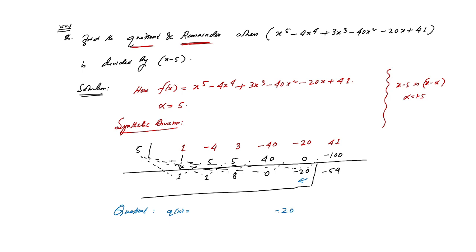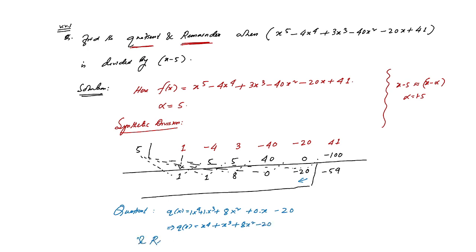So you write minus 20 plus 0 into x plus 8 into x square plus 1 into x cube plus 1 into x to the power 4. That means your quotient is x to the power 4 plus x cube plus 8x square minus 20.